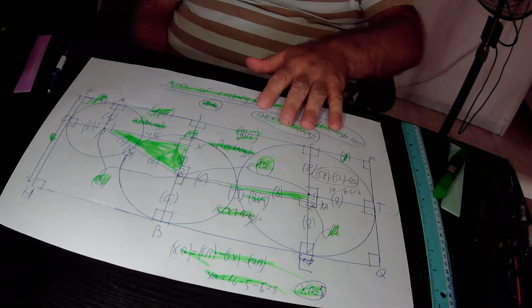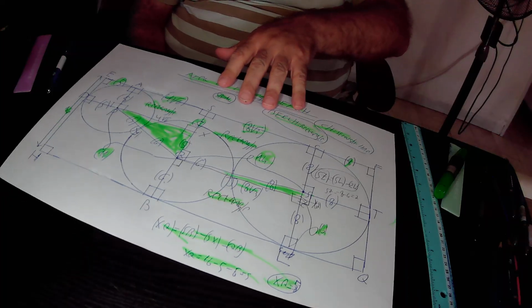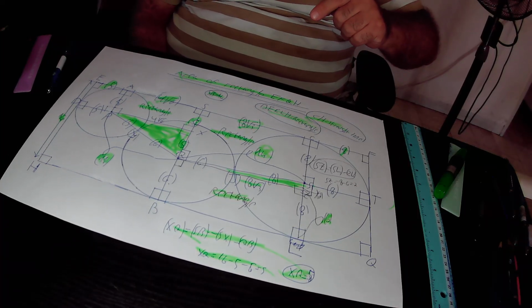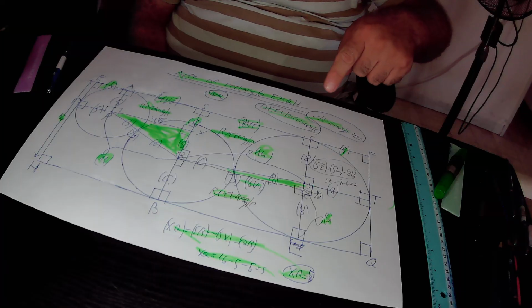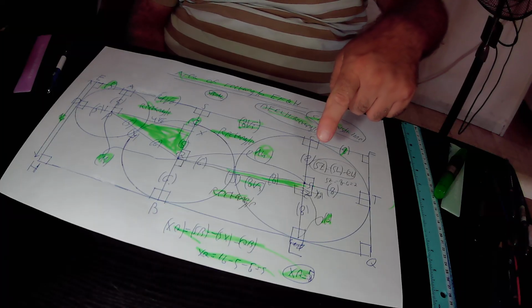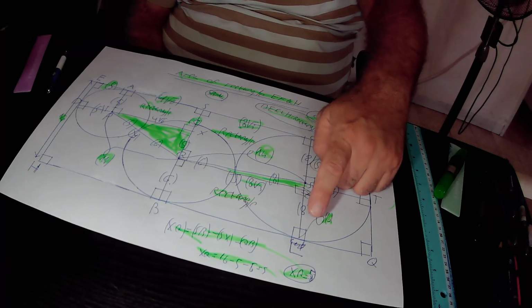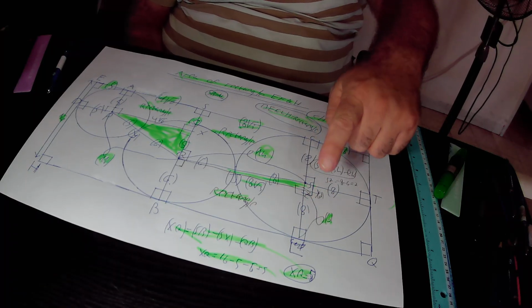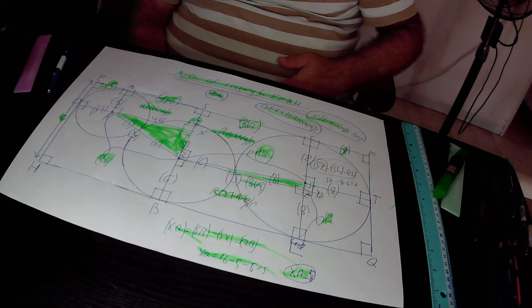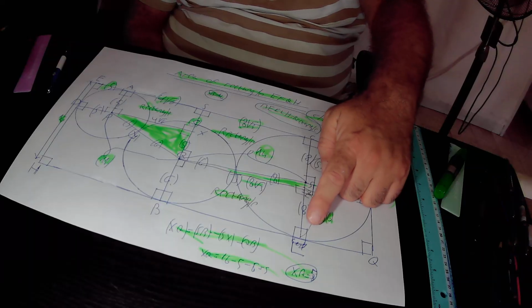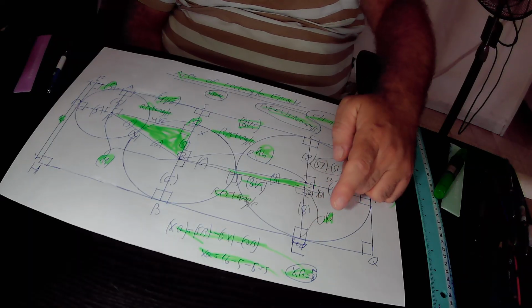So actually we extended the radius CS. We joined points S and L together. SL is the radius of this big circle. This equals 8. So this angle equals 90 degrees, and this angle also equals 90 degrees according to rule 1.